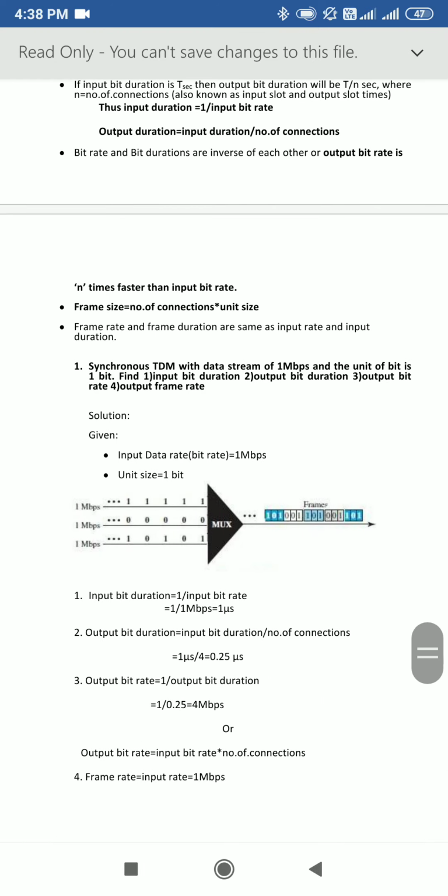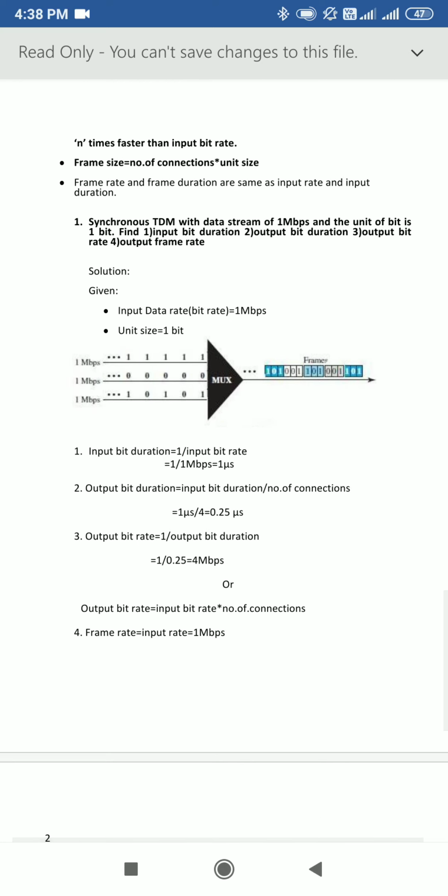Then the output bit rate will always be n times the input bit rate, and the frame size is the number of connections times the unit size. Frame rate and frame duration are again equal to the input rate and input duration. You can refer to this. Synchronous TDM with a data stream of 1 Mbps and a unit of 1 bit.